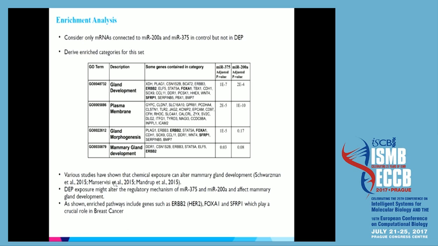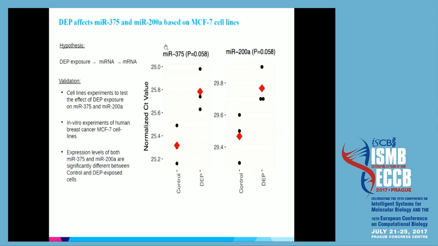So this is a nice result because it means that those messenger RNA connected to this microRNA in control but not in DEP are involved in these pathways. But then we wanted to experimentally validate these results. We hypothesized that DEP exposure impacts microRNA activity, which then impacts messenger RNA.